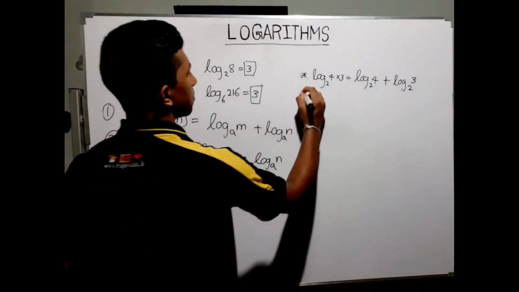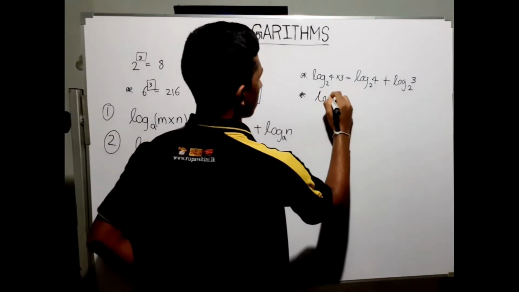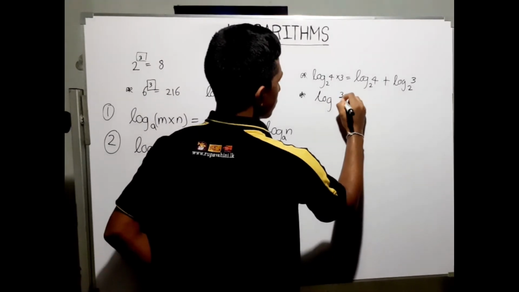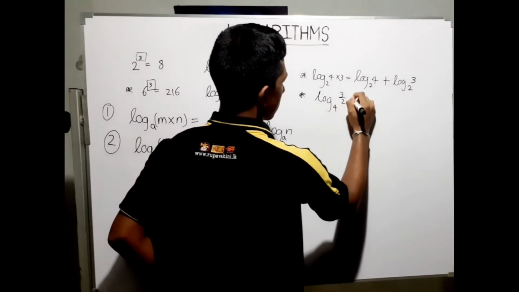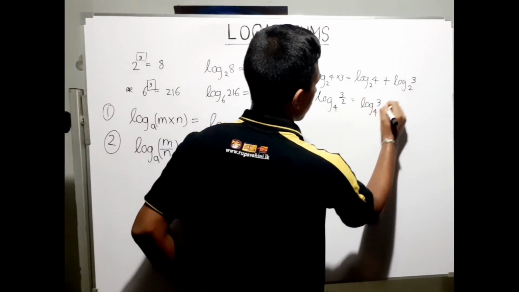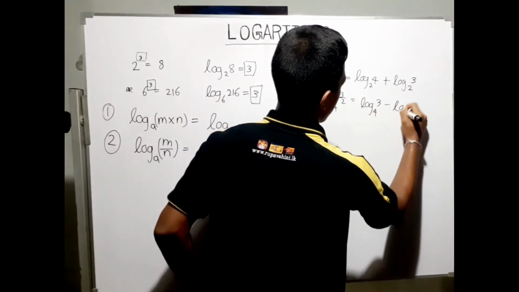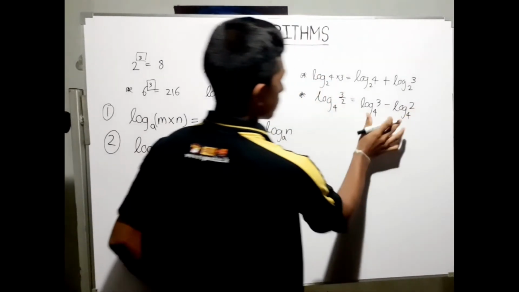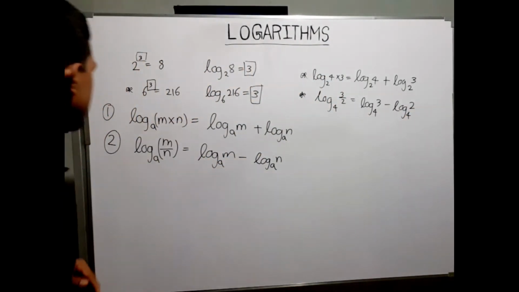If we take an example, log of 3 over 2 to the base 4 is equal to log value of 3 to the base 4 minus log value of 2 to the base 4. So this is the example for this.